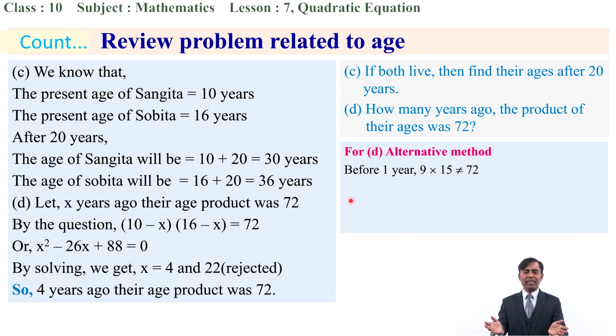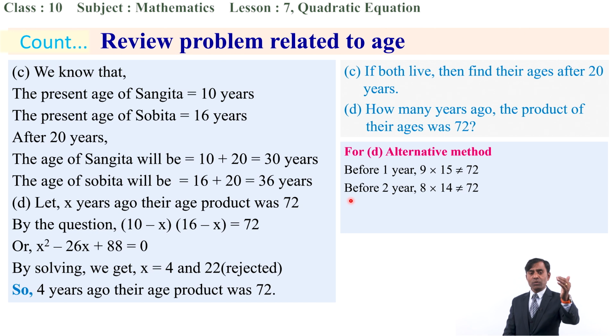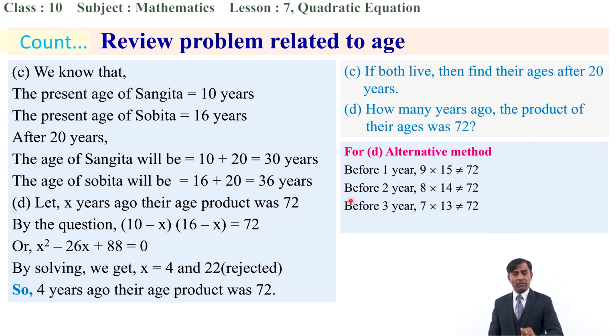Similarly, before 2 years, the age of Sangeeta was 10 minus 2, 8, and age of Sobhita 16 minus 2, 14. 8 multiplied by 14 is also not equal to 72. Before 3 years, Sangeeta 10 minus 3, 7, Sobhita 16 minus 3, 13. Again their age product was not equal to 72.